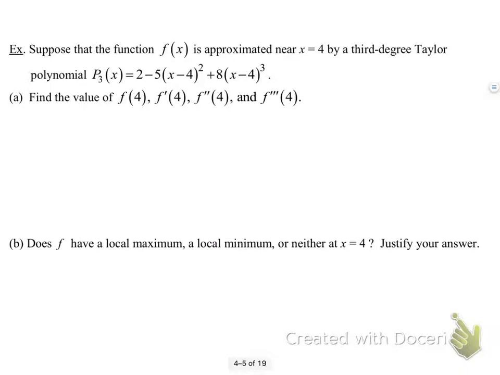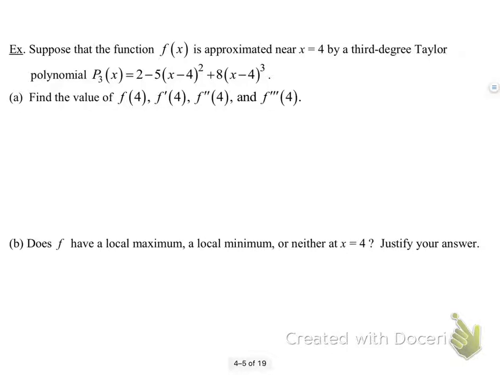Okay, here we go. Suppose that the function f of x is approximated near x equals 4 by a third degree polynomial such that p sub 3 of x equals 2 minus (x minus 4) squared plus 8 times (x minus 4) cubed.